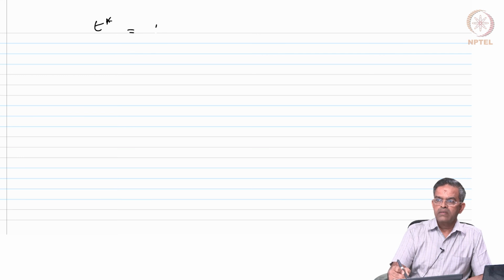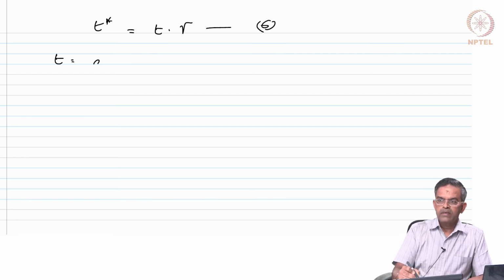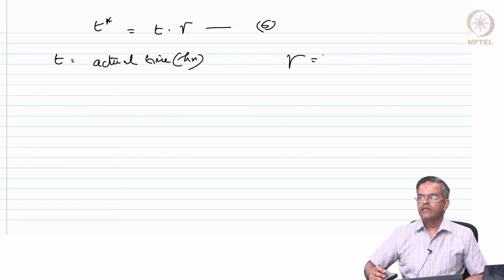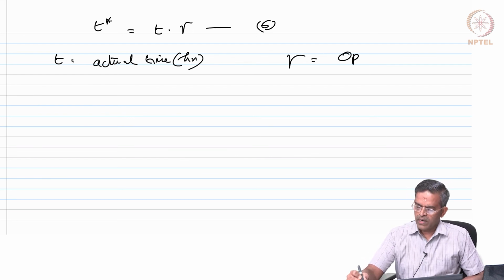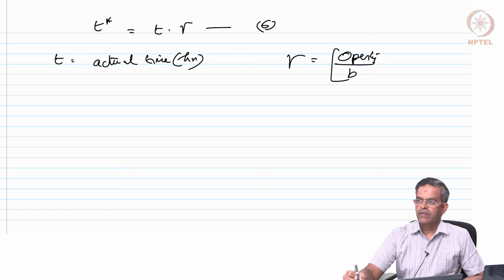T star is taken as t times gamma, where t is the actual time in hours and gamma is the opening factor by b squared.